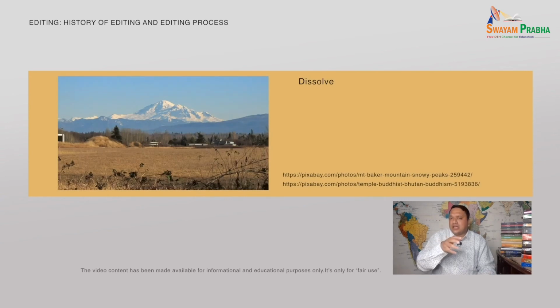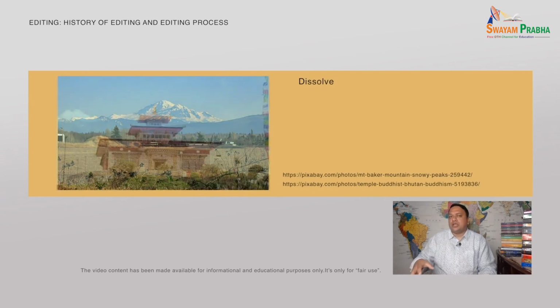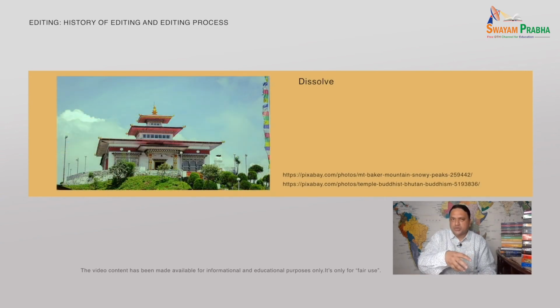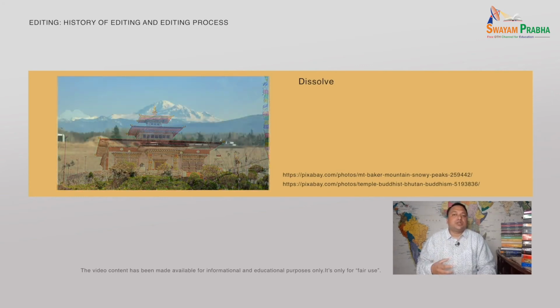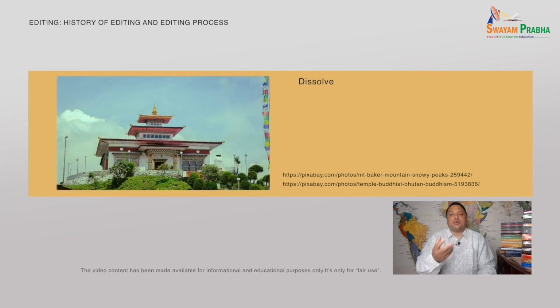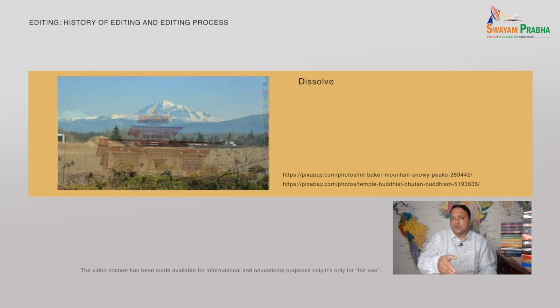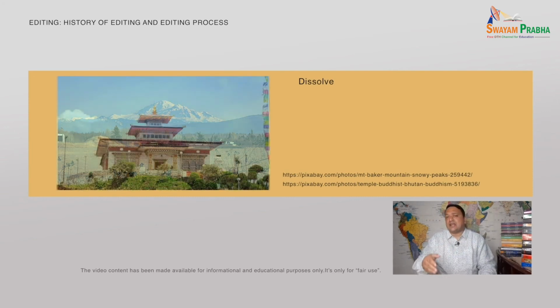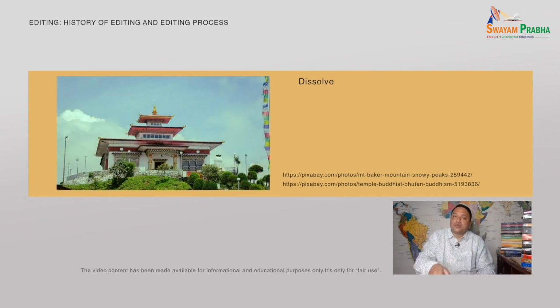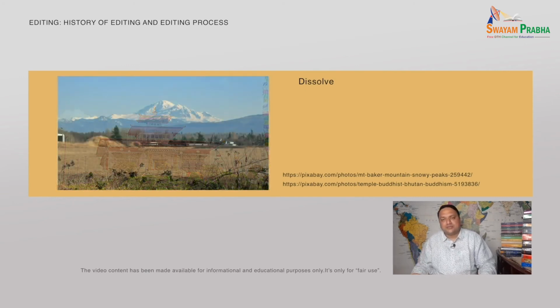Now, in dissolve, both the outgoing and the incoming picture or visual mix on screen for a while. It is used when we want to make a comparison between two or among many things. Suppose you have a shot of a snow-clad mountain and you dissolve it with a temple top. So what you are trying to say is that this temple is as tall or as majestic as this mountain.